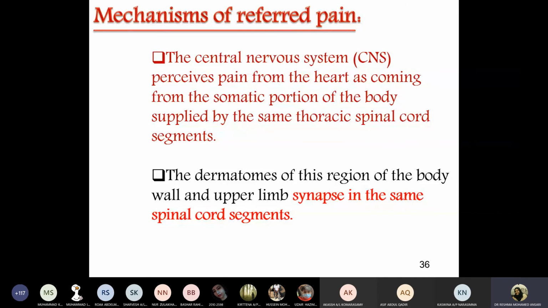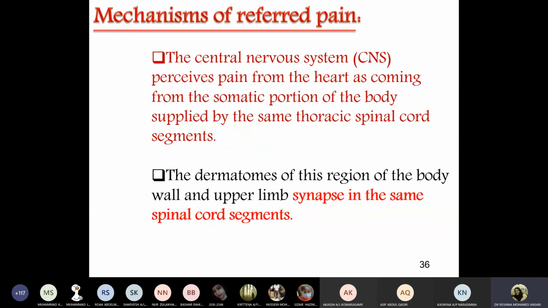They will travel through the same nerve as the spinal nerve. So the central nervous system, the brain and spinal cord, will think it is coming from the body wall, and it will start releasing the pain mediators and inflammatory mediators at that area. So automatically the patient will have a sense of pain coming from the body area. That is called referred pain.